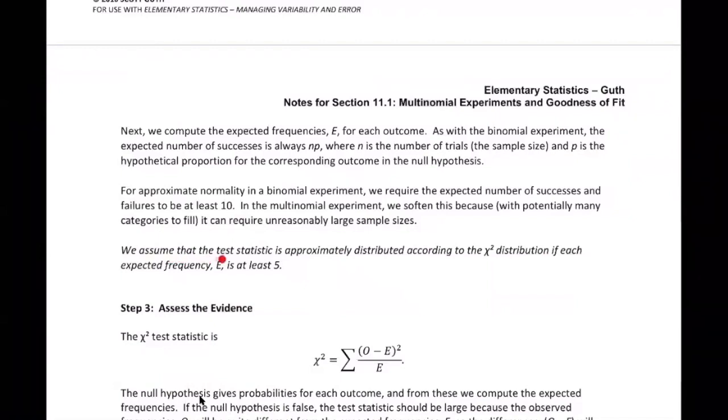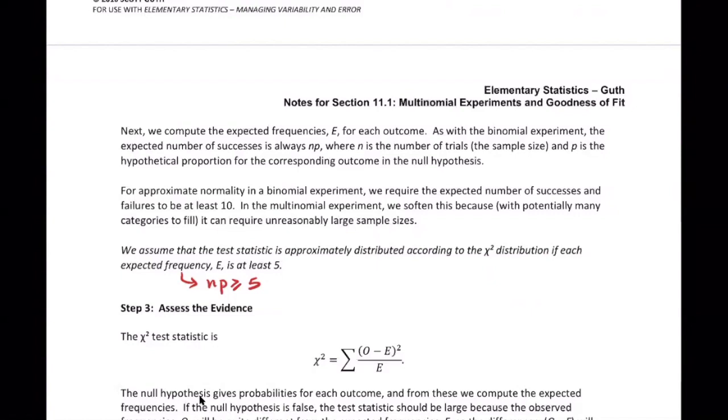We assume that the test statistic is approximately distributed according to a chi-square distribution, which assumes all the individual, I don't want to go into that. So it satisfies the chi-square distribution if each expected frequency is at least 5, okay? And the expected frequencies are always n times p. So you can write this as np is at least 5.